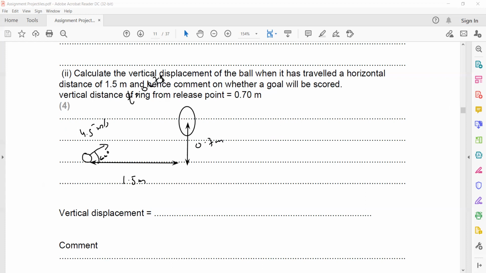And to get the height, we need the vertical component, which is 4.5 sine 60.